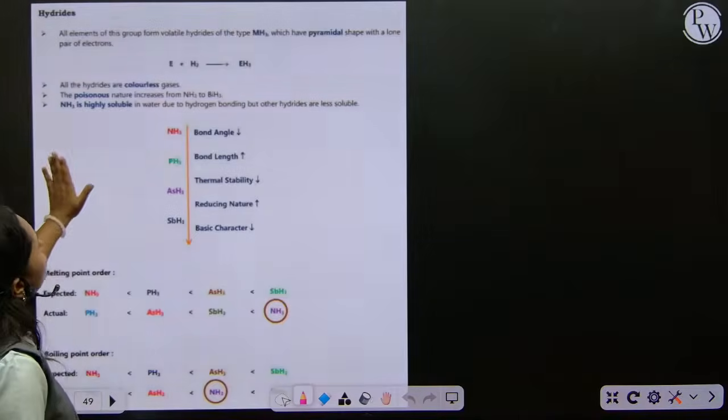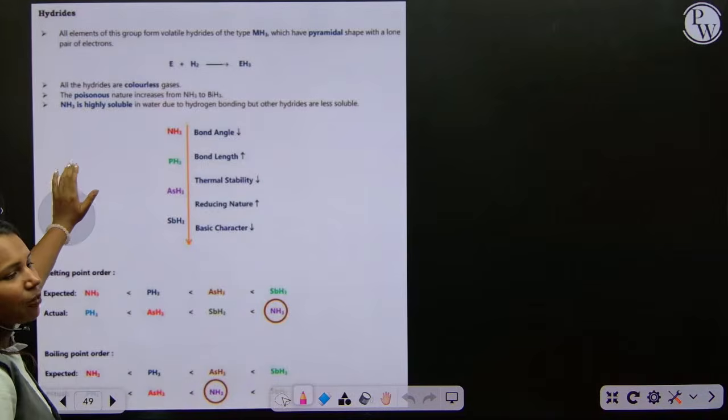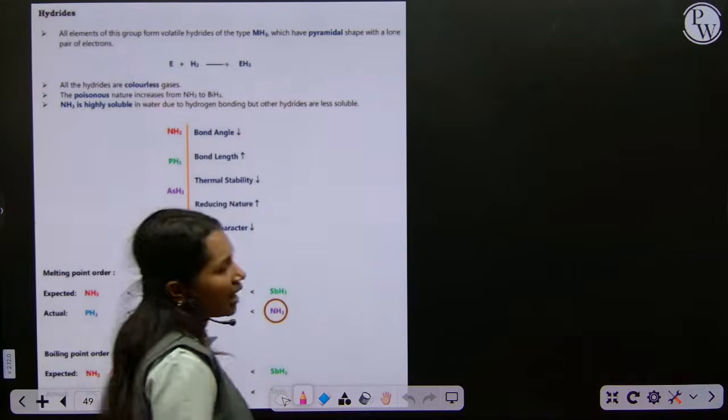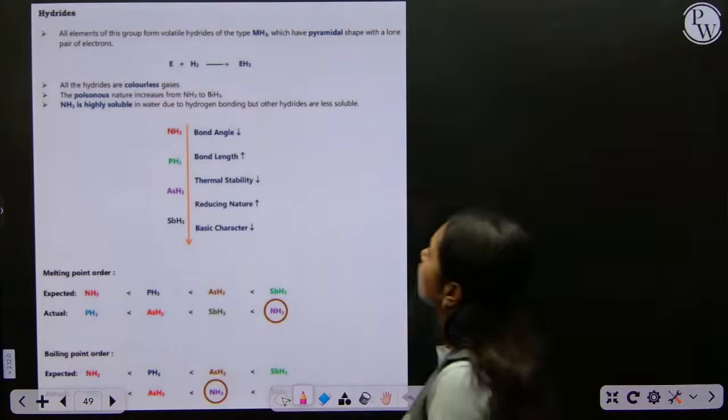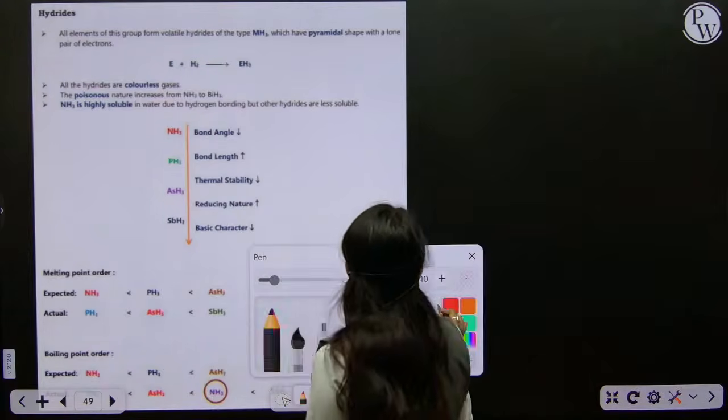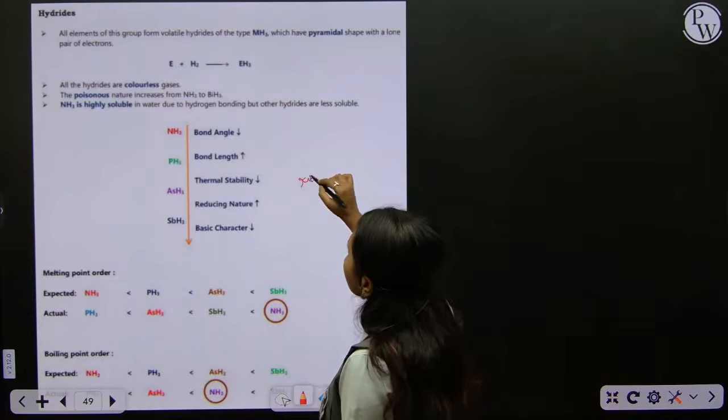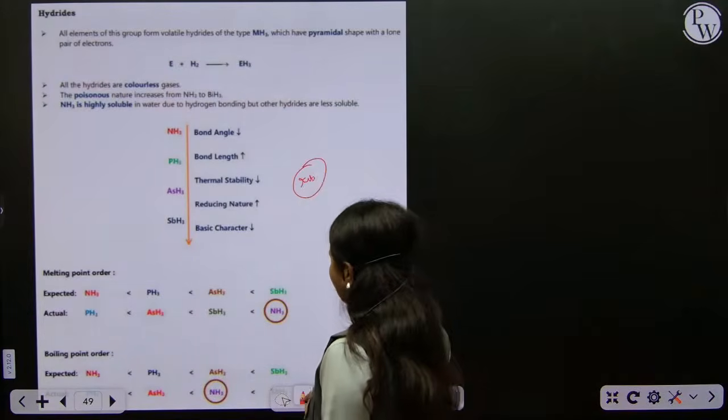Now, let's move to the hydrides, the very important part here. Okay, so let's start from this, and this is very important again. Let me explain this to you.